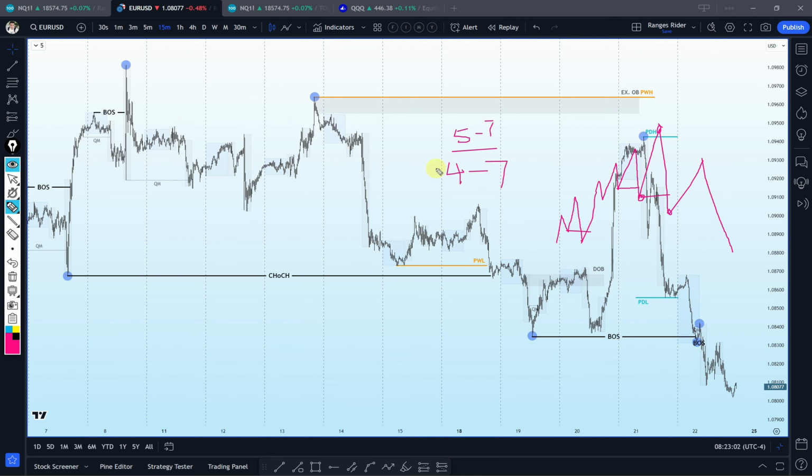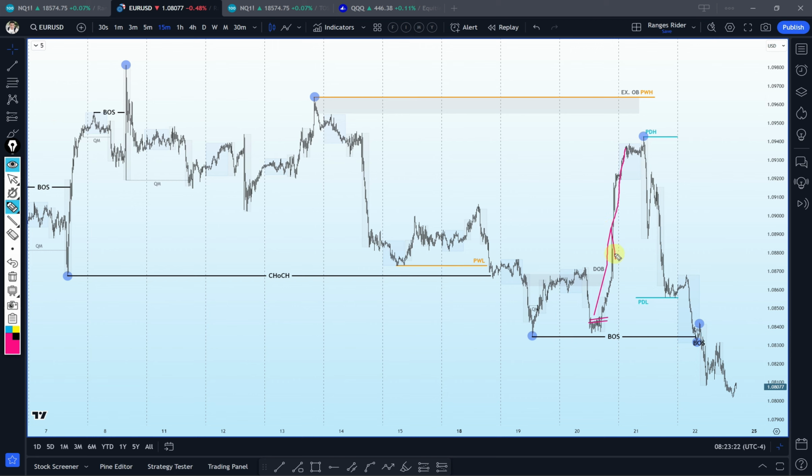It all depends on how you do it. Some people like a minimum of 5 hour, but I personally do 4 to 7 hour, and I will find the entry somewhere here. In this case, we are going up and we are not short in any case, but in fact we should be long somewhere here.